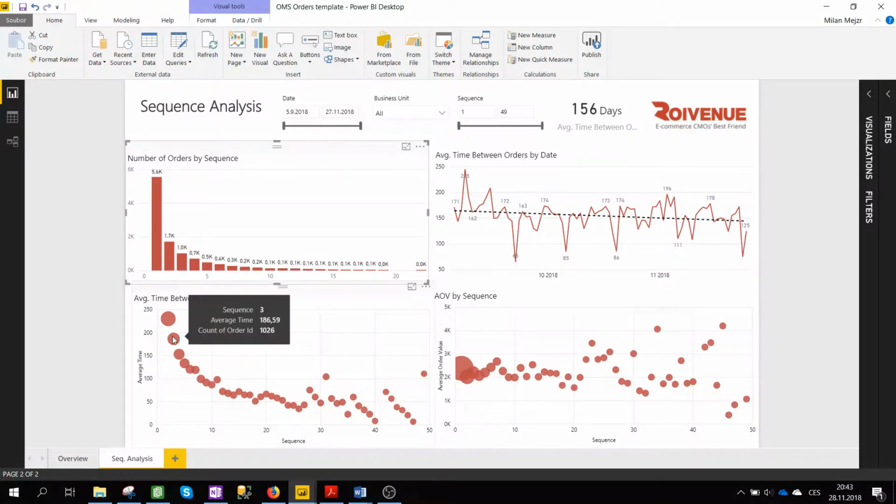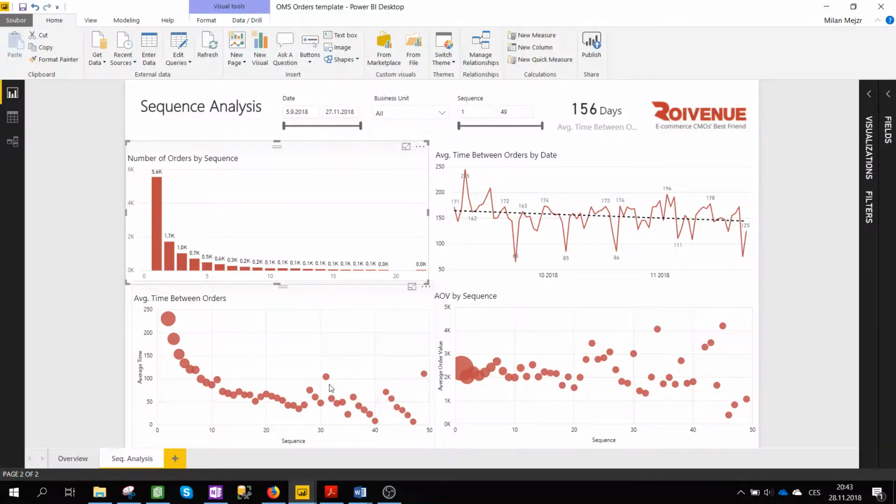If we take a look lower, the time between the second and third is lower. It's just 186 hours. So here, for example, we can see the trend that the higher the sequence is, the lower the time.